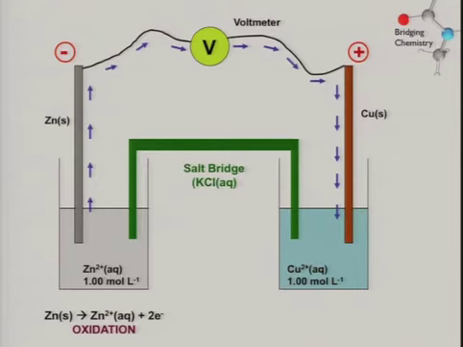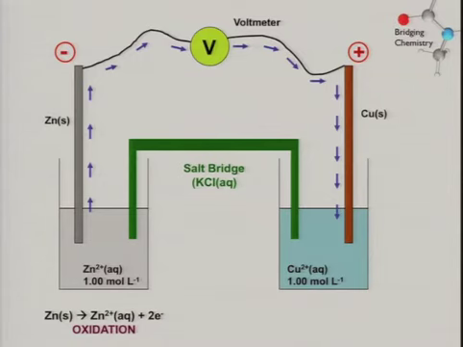We must be doing a reaction which produces electrons which can then beetle their way across to the other side. And so over here, we must have the zinc metal turning into zinc 2+ ions and 2 electrons. And those electrons are the ones that travel up and through the wire to the other side.